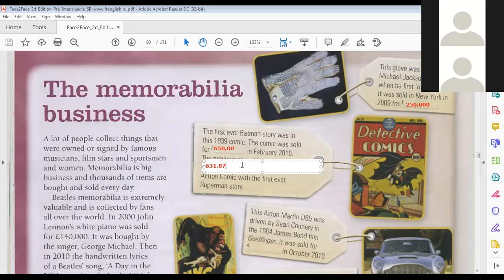Whatever. Okay. Now, which of these numbers do you think are the most surprising?